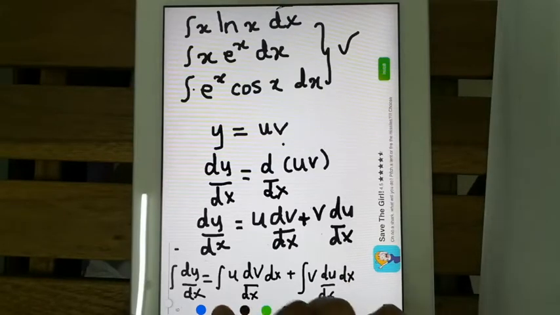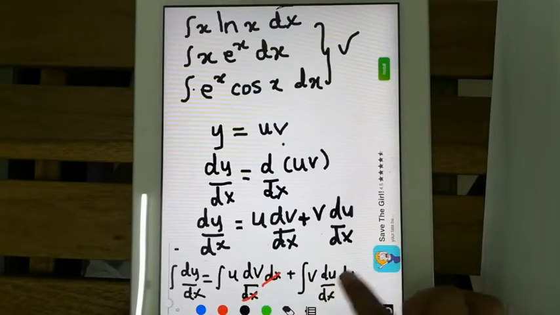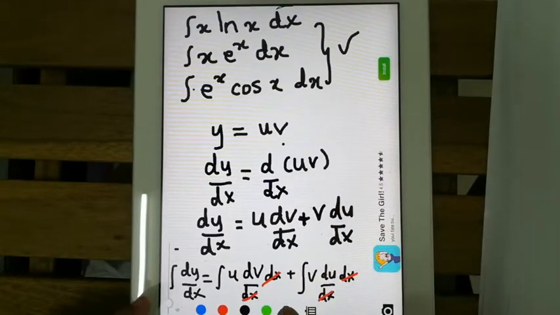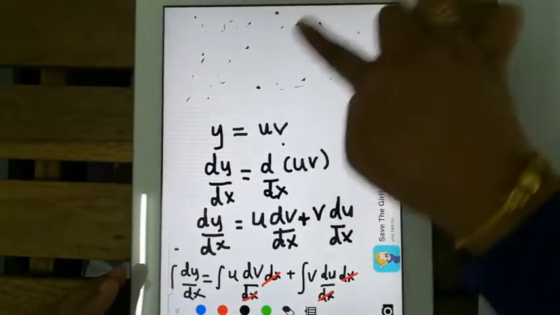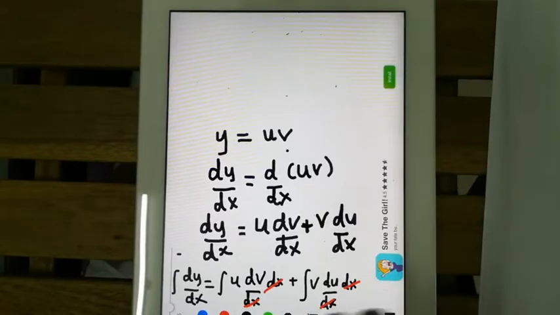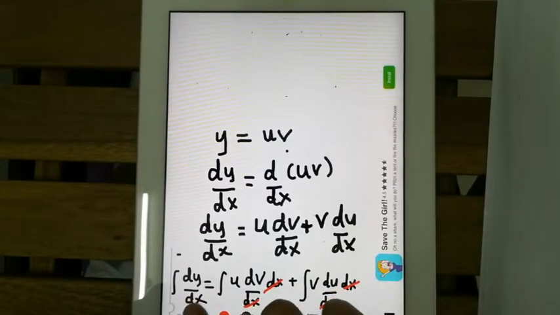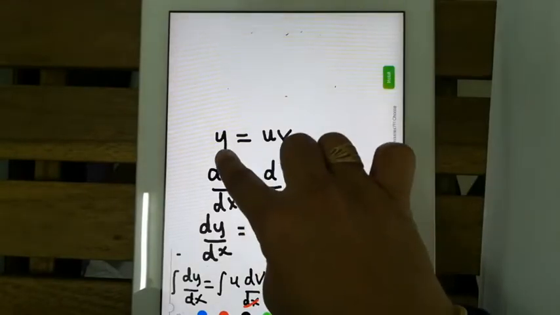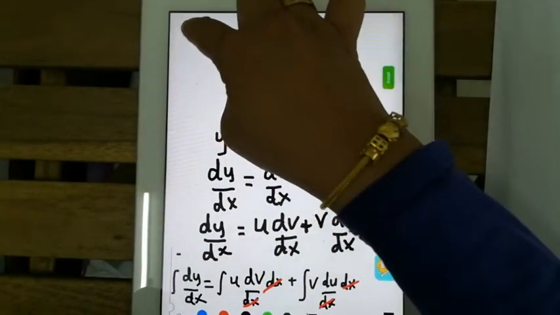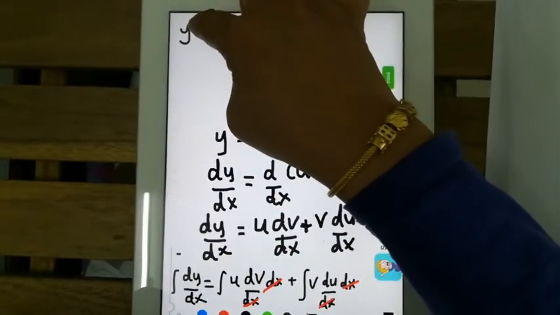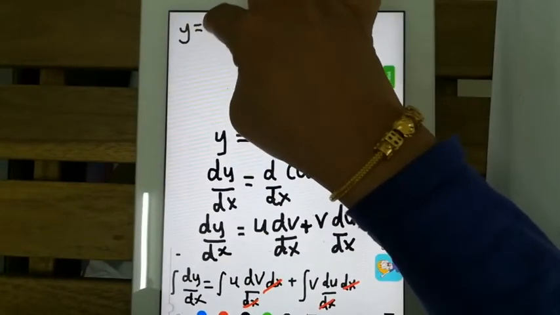In this case, we can cancel this. Next, when you integrate d(uv) over dx, you will get uv, agree?